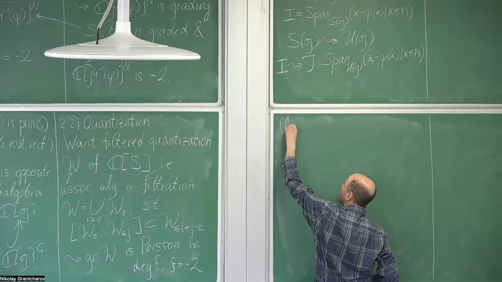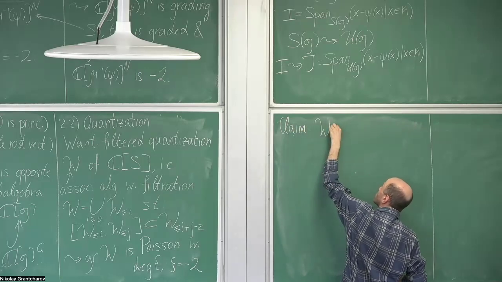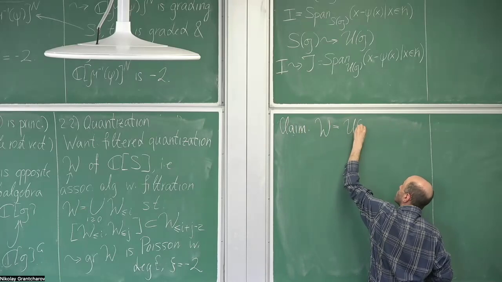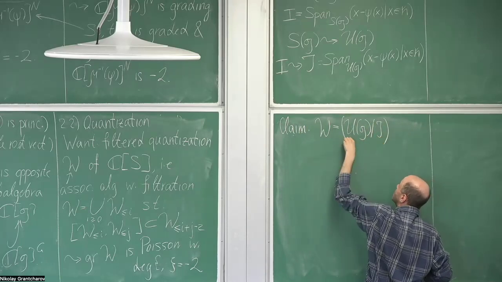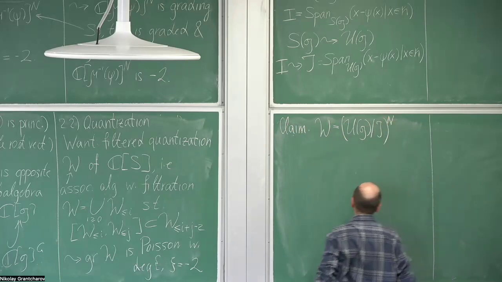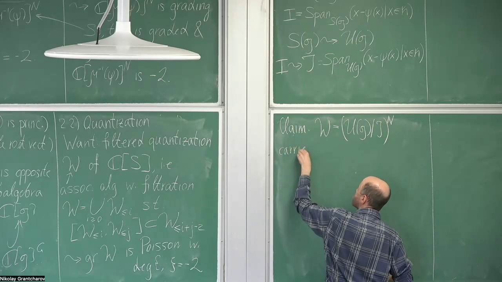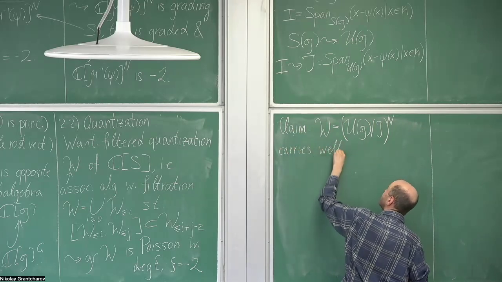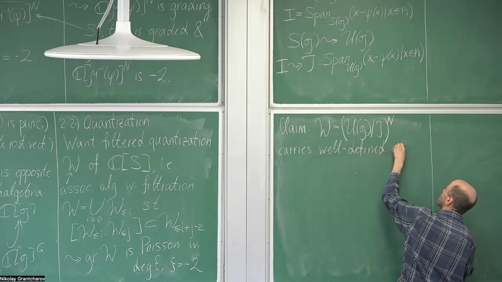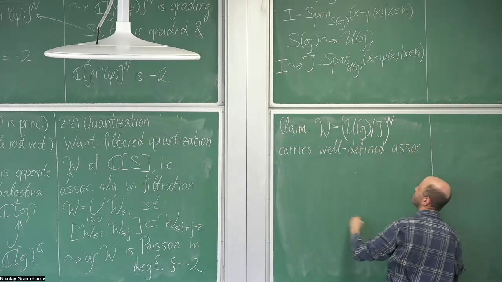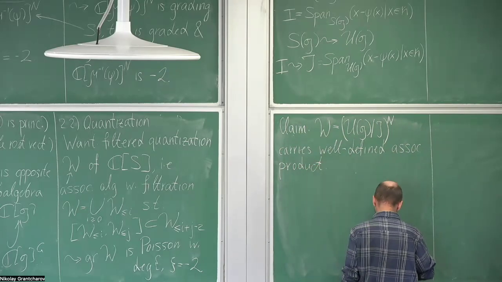And the claim is that W, which is the quotient of G by J, invariance carries a well-defined associative product, again defined by the most naive formula.